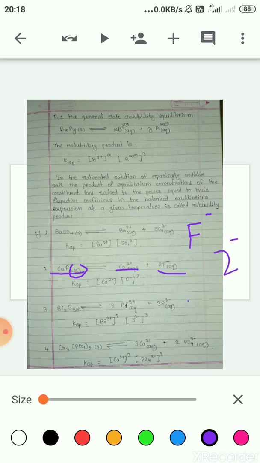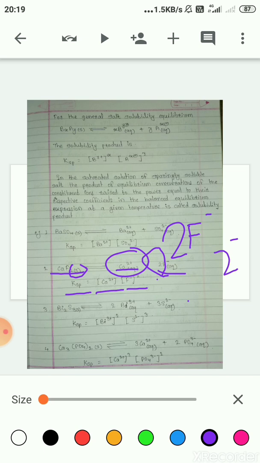So we have written 2 in front of F, and calcium has a +2 oxidation state, or Ca2+ ion. So we can write the solubility product for calcium fluoride: Ksp is equal to concentration of calcium 2+ into concentration of F-, and here we have to write the power of the concentration of F- as 2.